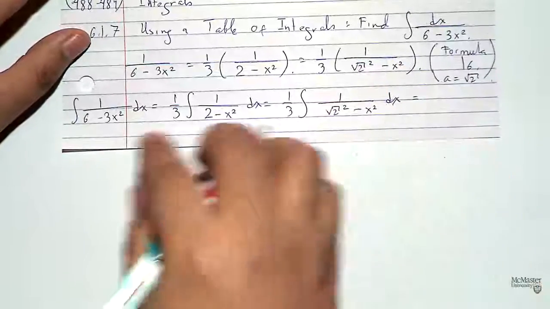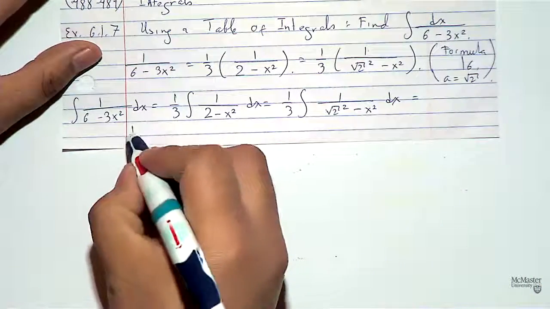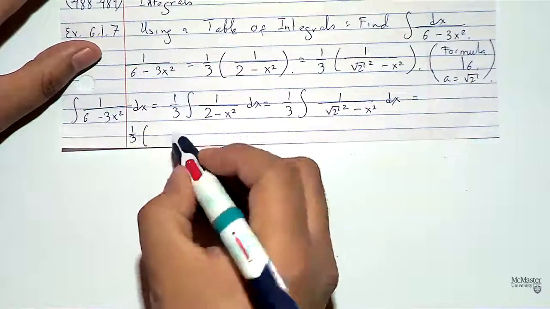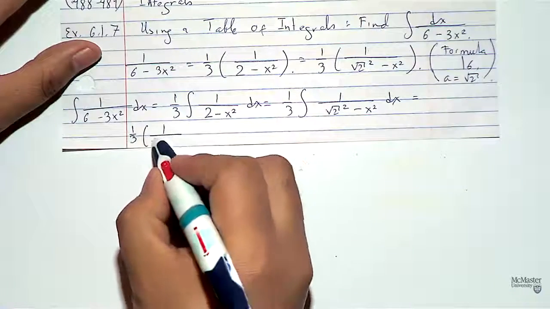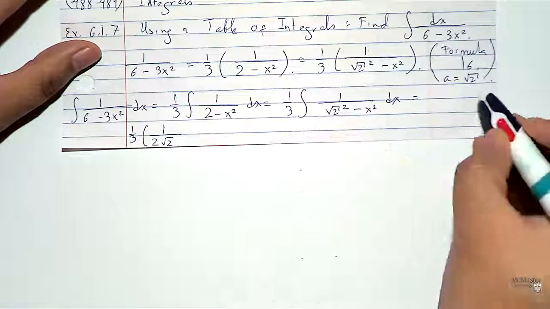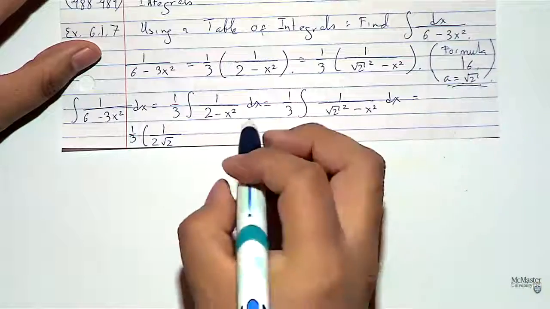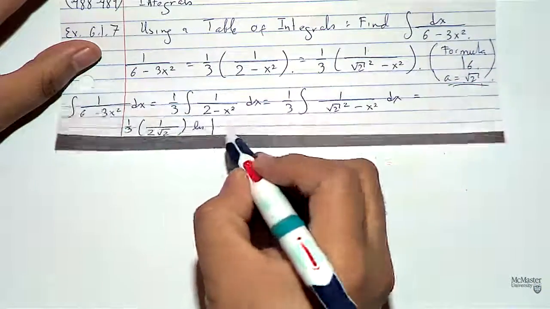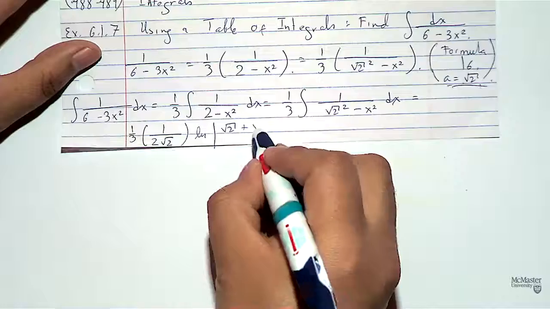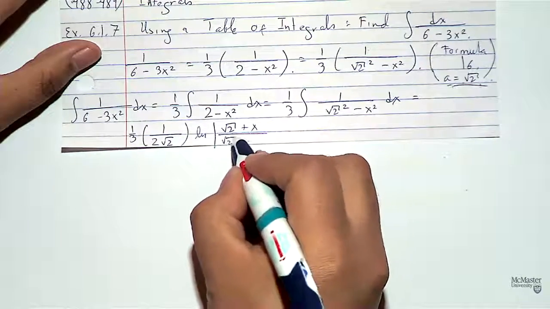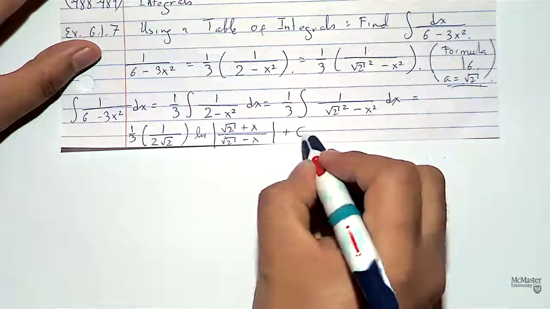And then I can basically use the formula. So this is 1/3 multiplied by 1 divided by 2 times the square root of 2. Be mindful of the a that we choose. Times the natural log of the square root of 2 plus x divided by the square root of 2 minus x, plus a constant.